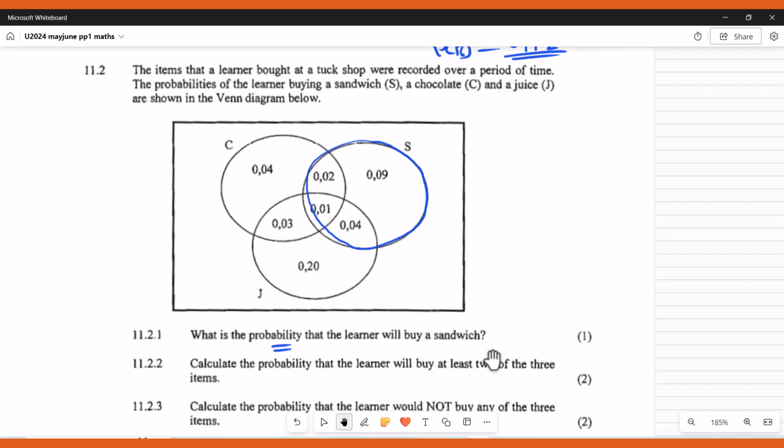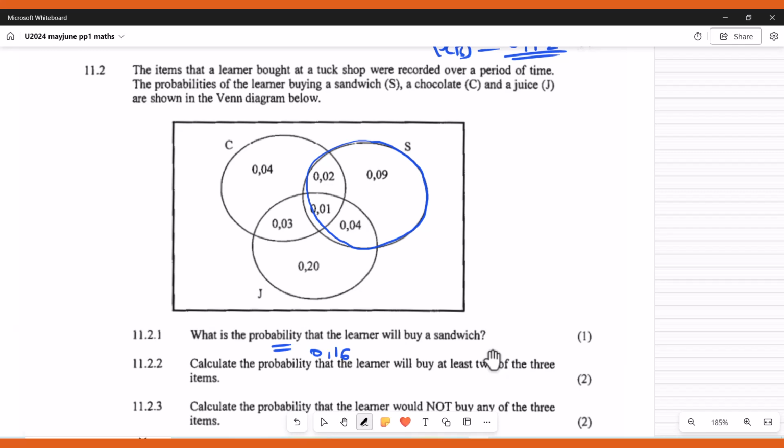Here I get 0.16. So this is 0.16 after adding everything here. Next question: calculate the probability that Elena will buy at least 2 of the 3 items.